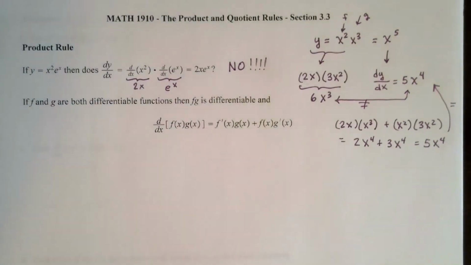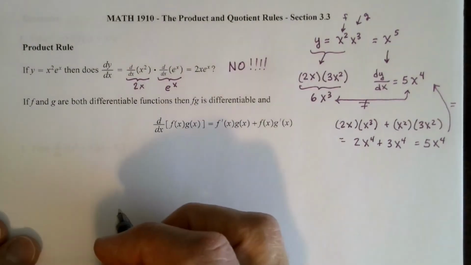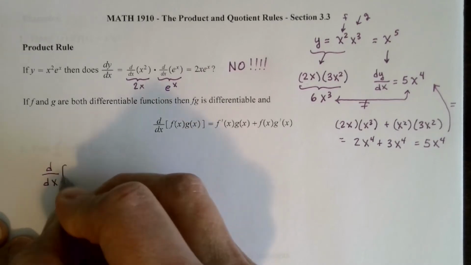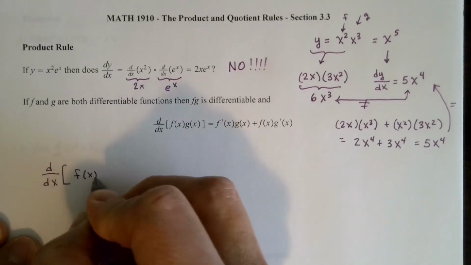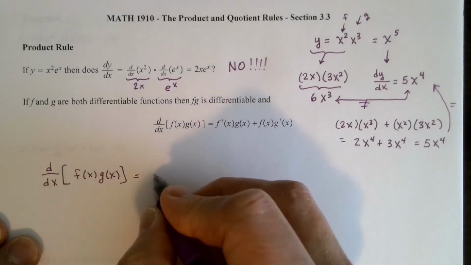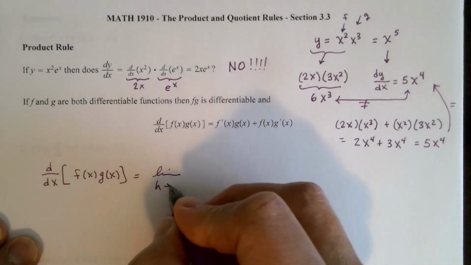I'm going to prove that to you right now using the limit definition. So if I want to find the derivative with respect to x of the product f of x times g of x, with the limit definition, this is the limit as h goes to 0.